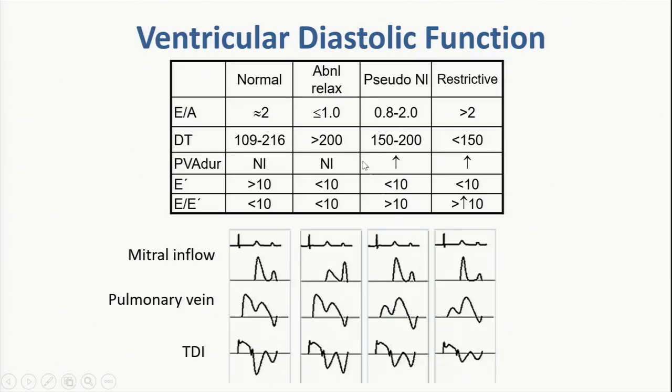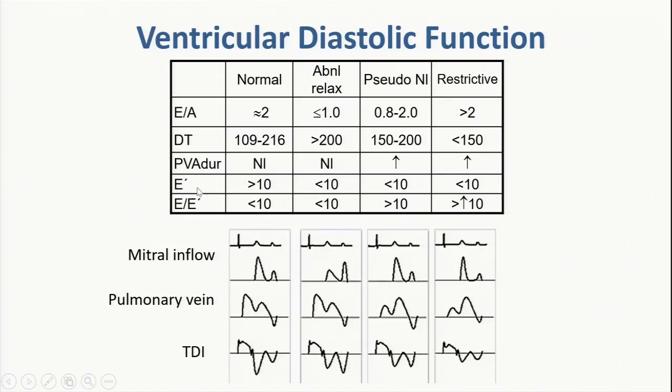So normal, you can look at the mitral valve inflow and look at that E wave to A wave ratio. So we're just looking at how tall they are and taking the ratio of them. And normal is for that to be approximately 2. The deceleration time is usually between 100 and 200. Pulmonary A wave duration is normal, in other words, less than the mitral valve A wave duration.